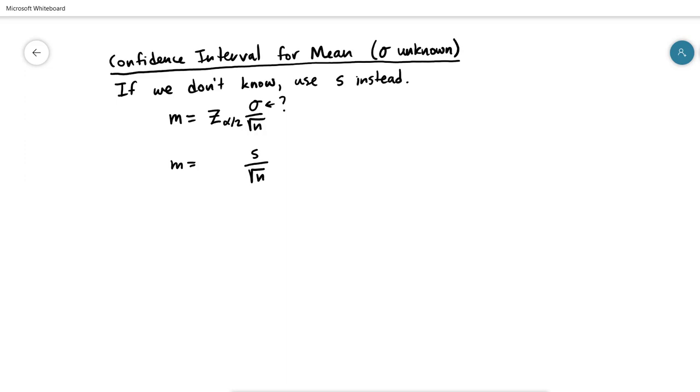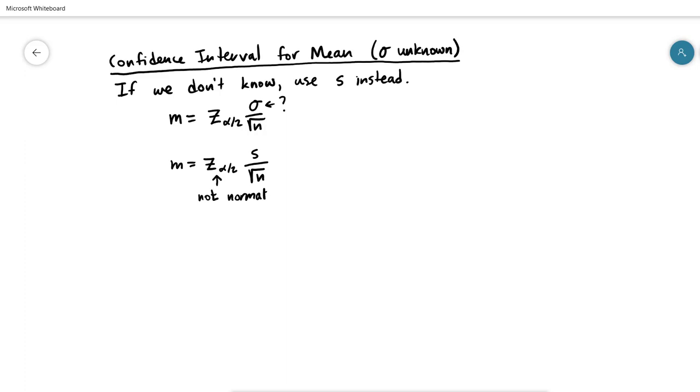Unfortunately, one of the issues this causes is that this is no longer going to follow a normal distribution. So what we previously called our z-score, being a position somewhere on our normal distribution, turns out that normal distribution isn't normal anymore.